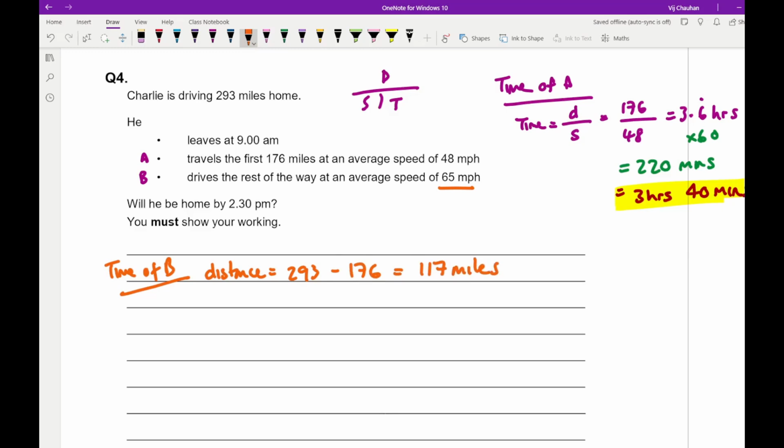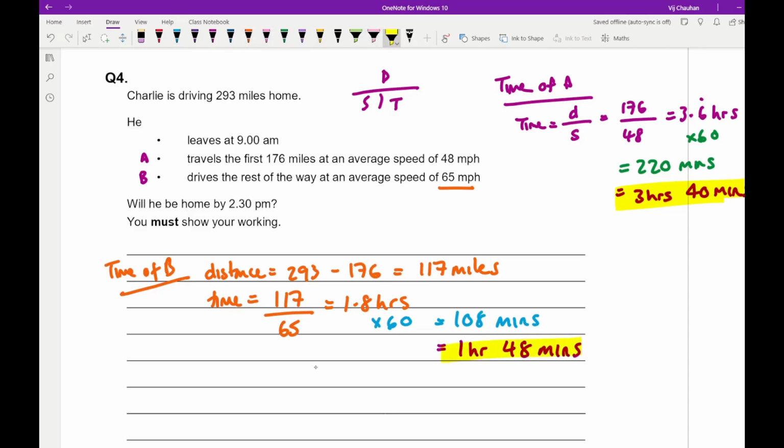Then, using the same sort of thing as I did for the time for A, the time is going to be 117 divided by the speed, which is 65, and that comes up to a value of 1.8 hours. So if I multiply that by 60, that's going to equal 108 minutes, which if I then convert into hours and minutes is going to equal 1 hour and 48 minutes.